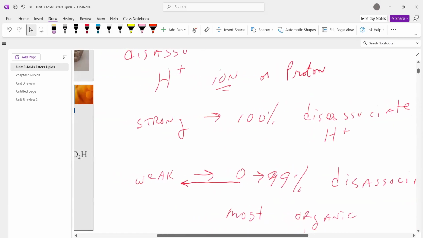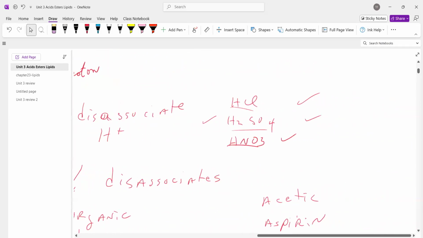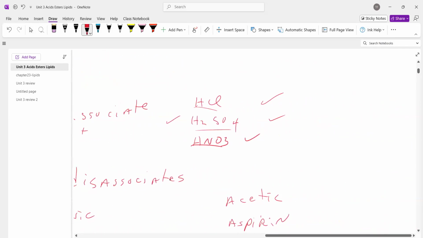But 100% dissociate. So if we were to look at HCl, it would look like that. And that means there is no HCl left. It's only H pluses and Cl minuses, 100%.